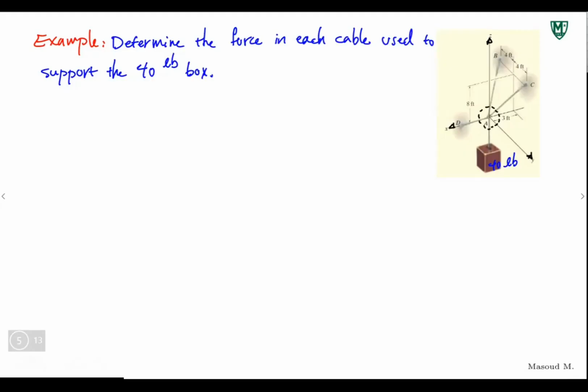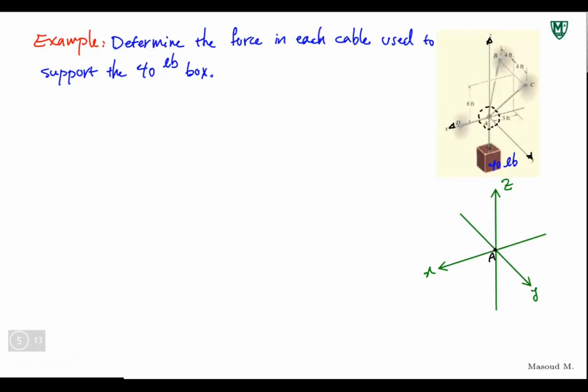I'm going to draw the X axis here, parallel to what we have there. And this is Z. So this is X, this is Y, and this is Z. This is point A.